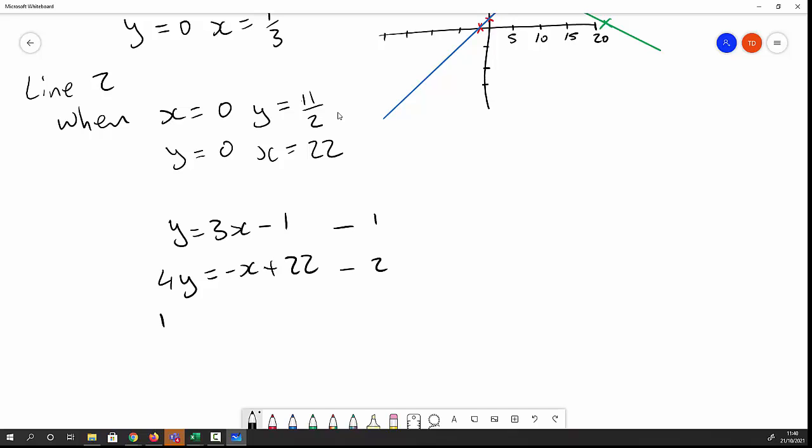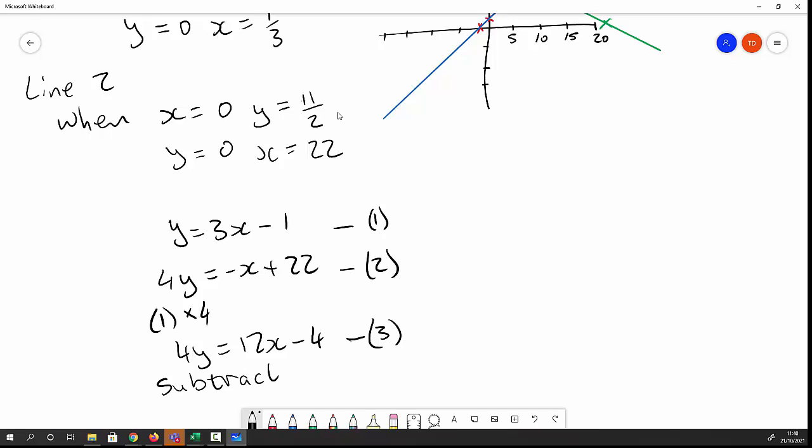So equation 1 times 4, we're going to get 4y is equal to 12x minus 4. Okay, so now I'll call that equation 3, and I'm going to subtract 2 from 3.